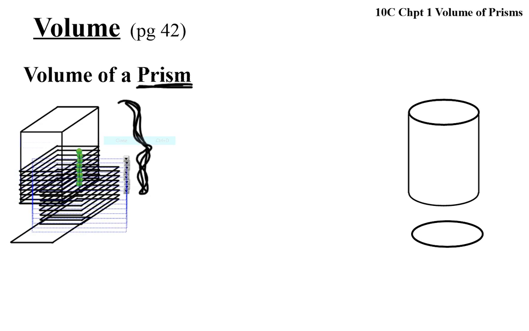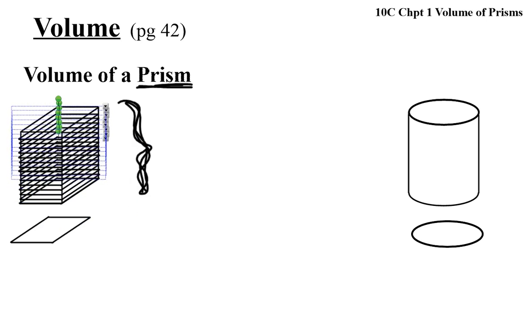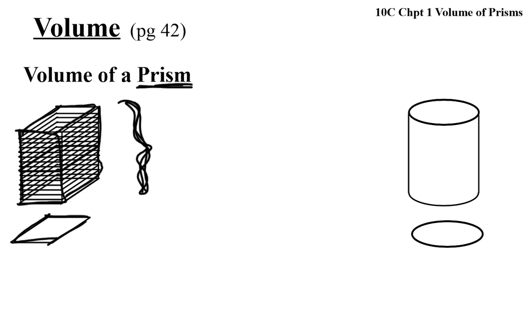When you stack them, all of a sudden you end up with the three-dimensional object. It's now got three dimensions to it. It takes up space all around. How did it take up space? It was the bottom shape, which we can call the base.